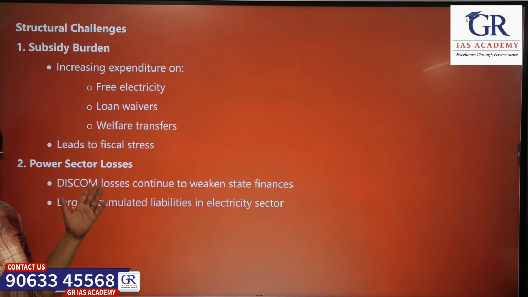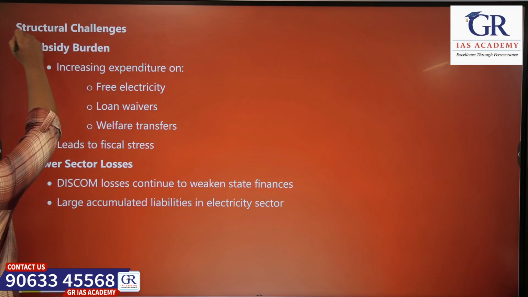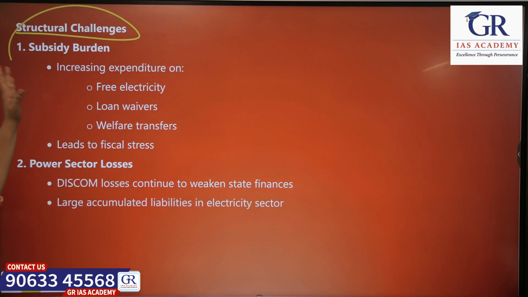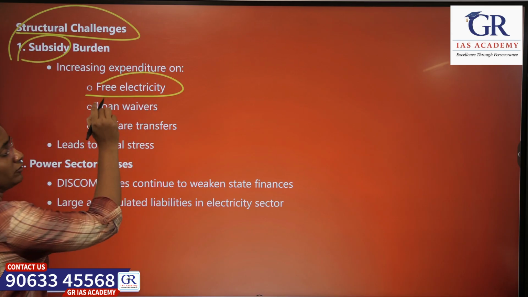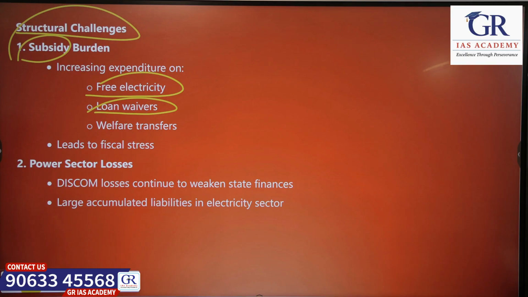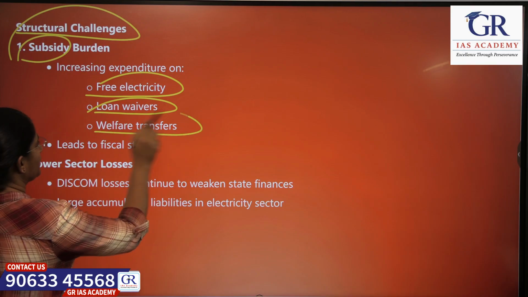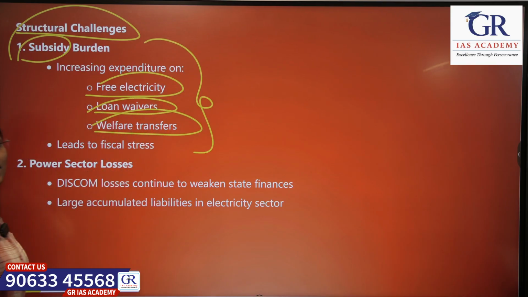Okay, we do have some challenges. The first one is subsidies, because we are giving subsidies for electricity, loan waivers and welfare transfers. These lead to fiscal stress among the states.